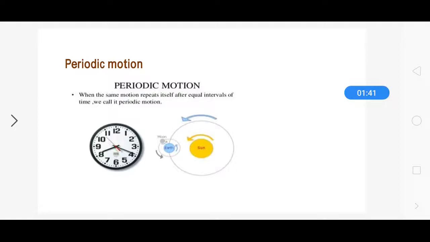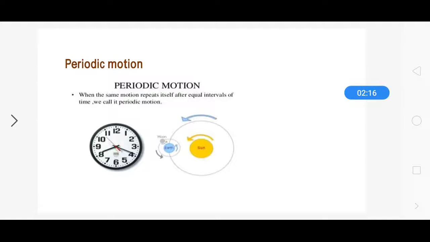If you observe these motions in our daily life, they repeat continuously at regular intervals of time. If we observe the rotation of the Earth around its own axis, it is repeating after 24 hours, continuously.